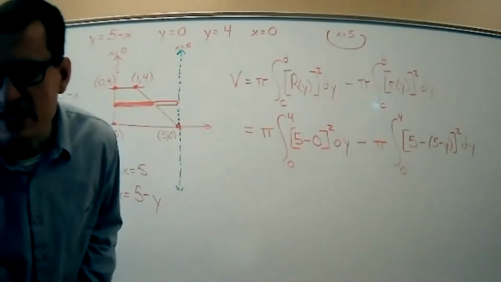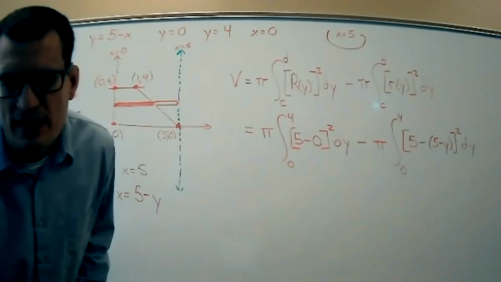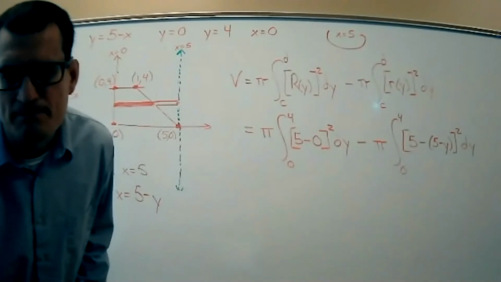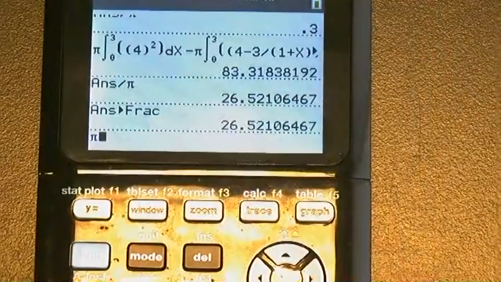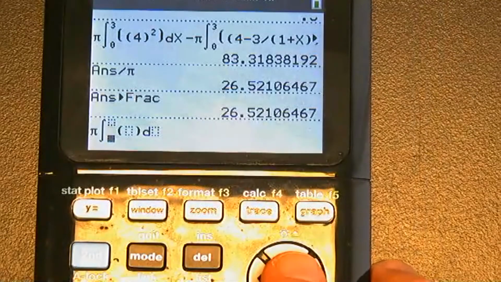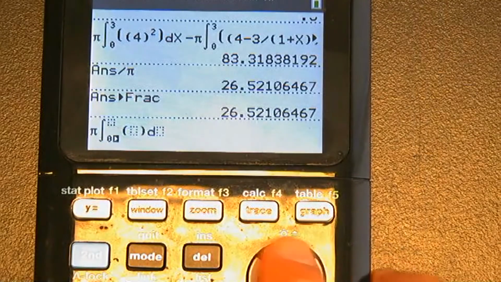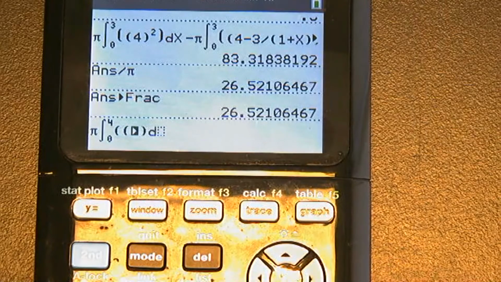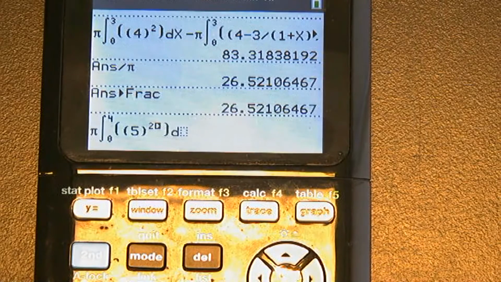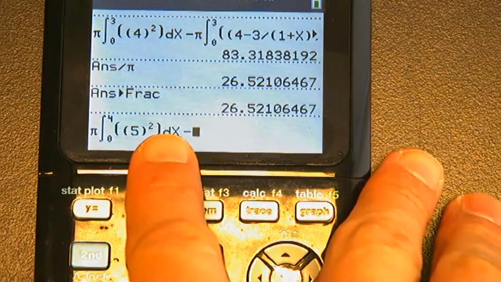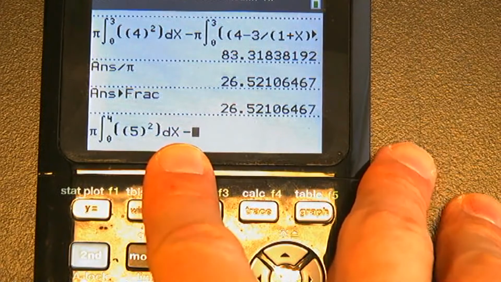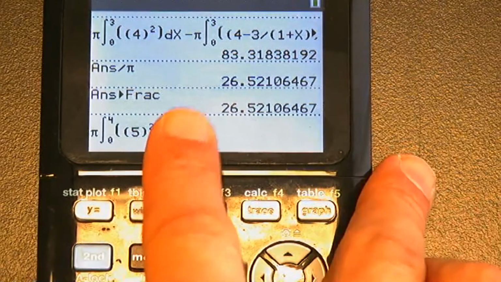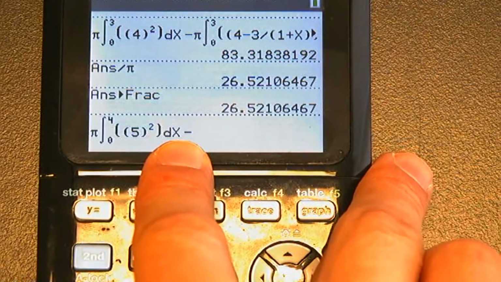So we could type this in. Let's go ahead and do that. So integrate, well, pi integrate from 0 to 4, 5 minus 0 squared with respect to x. Now, I wrote with respect to x because really that's the only variable my calculator can type in, when in reality we're dealing with y as our variable.